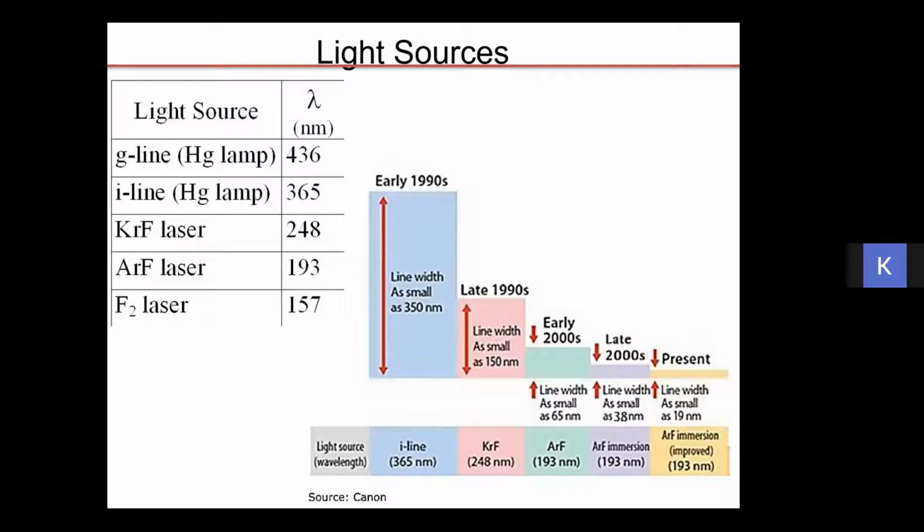That means your device size has reduced a lot. So 150 nanometer is not the limit. Next comes around the 70 nanometer, 60 nanometer era. And that time again, KrF was not used. People go for ArF laser, which has a lower wavelength, which is 193 nanometer.